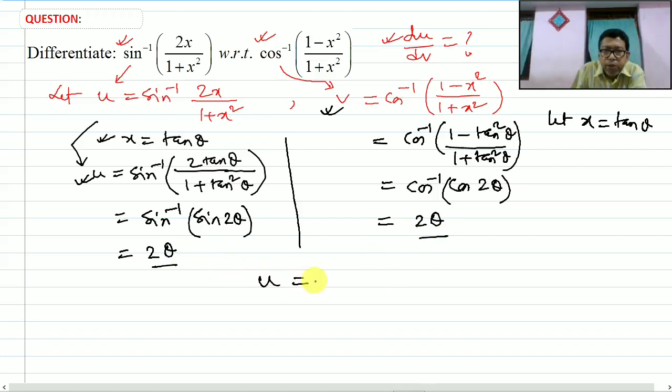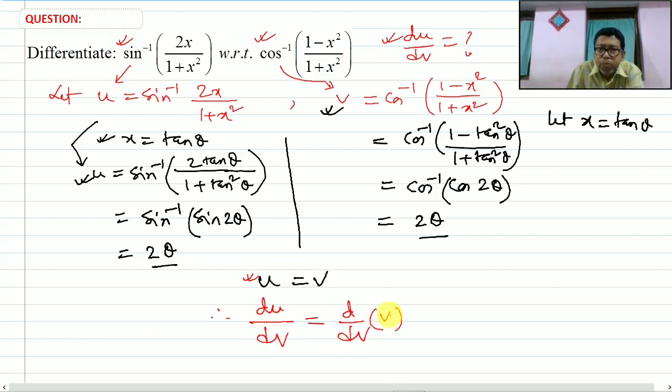From these two, u is equal to v, isn't it? So now you can write du/dv is equal to d/dv of v, since I am differentiating u with respect to v. What is d/dv of v?